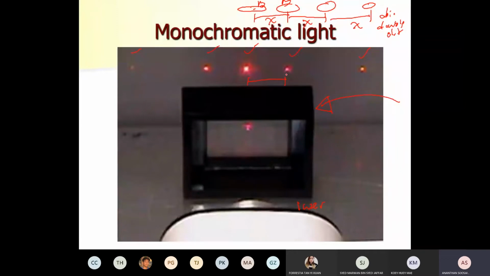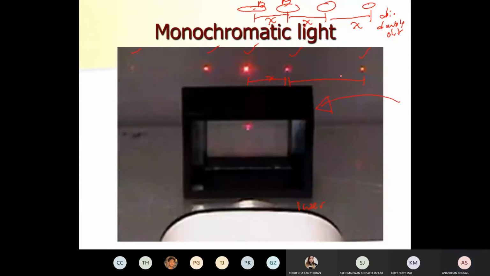The center to the first bright, let's say X, is not the same as the first to the second one. It's slightly longer, more than X. Also, the center spot is brighter than the adjacent ones.